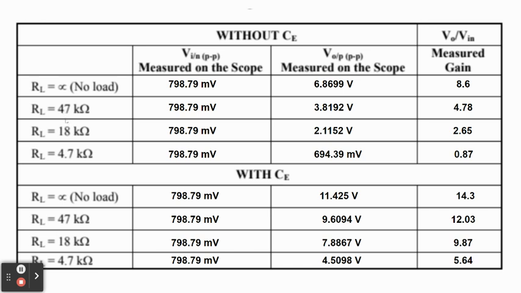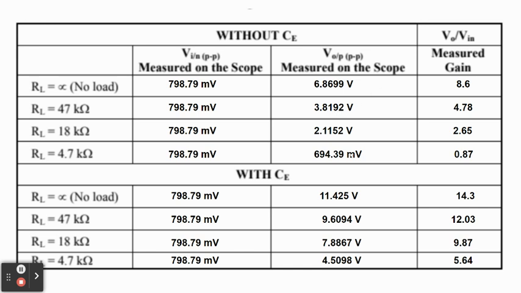And furthermore, if you connected an 18 kilo ohms on the RL, the output voltage peak to peak will become 2.1152. And lastly, when we have 4.7 kilo ohms, it becomes around 0.69 volts. Now, this clearly represents that the RL's effect on the amplifier is that the higher the RL, the higher will be our output peak to peak voltage.